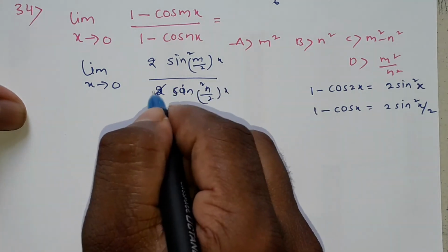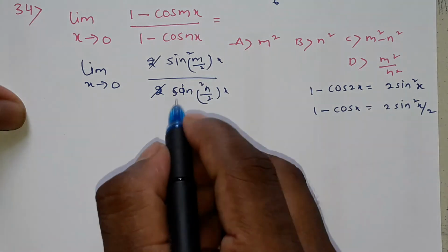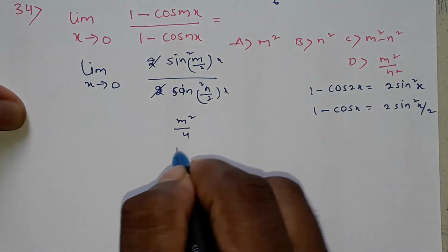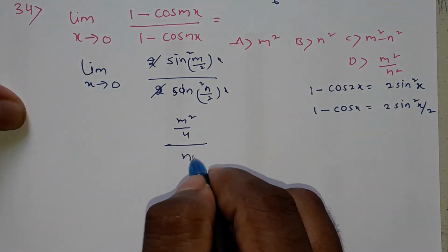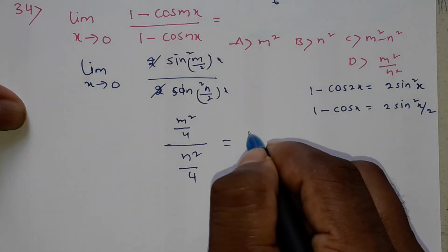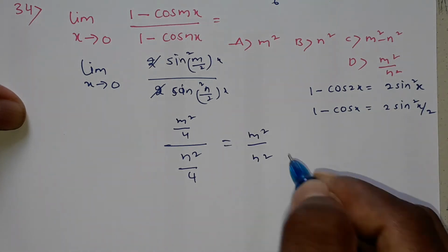Here 2 get cancelled. Here x coefficient is equal to what? m square by 4. Here denominator x coefficient is n square by 4. Here answer is m square by n square. This is the standard limit.